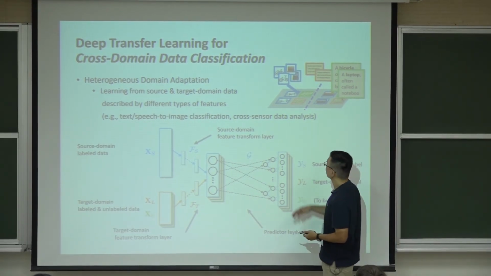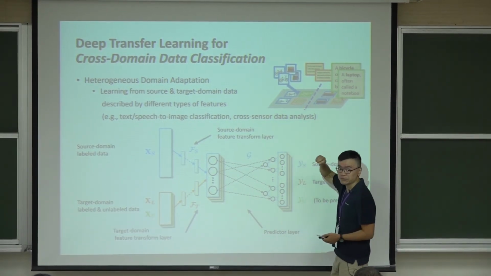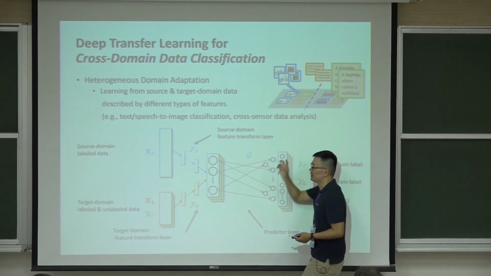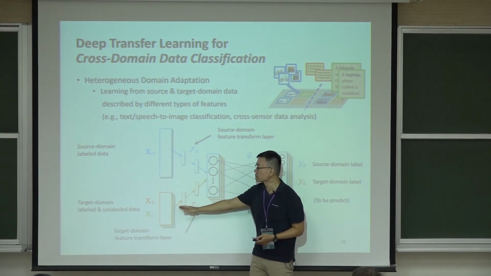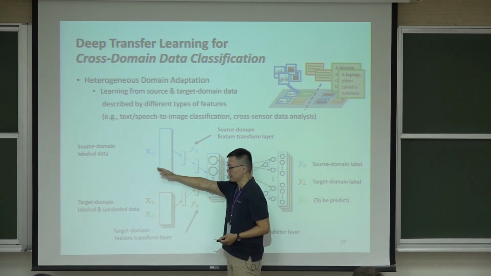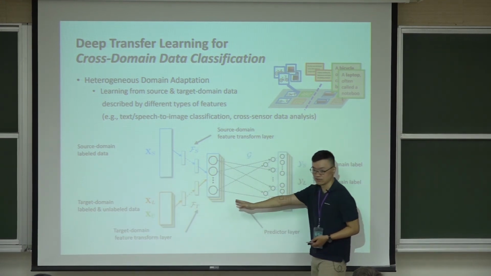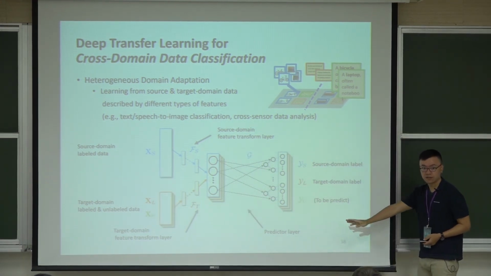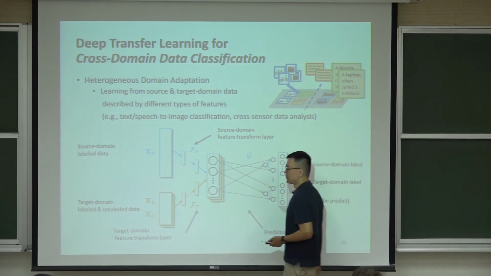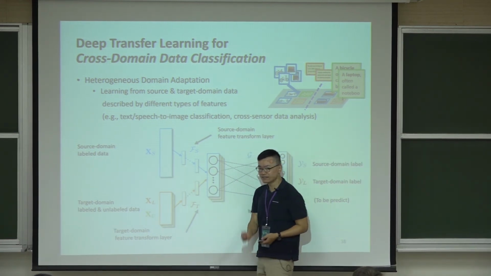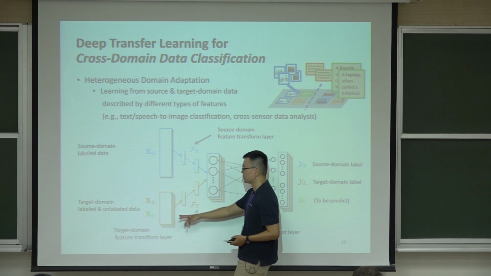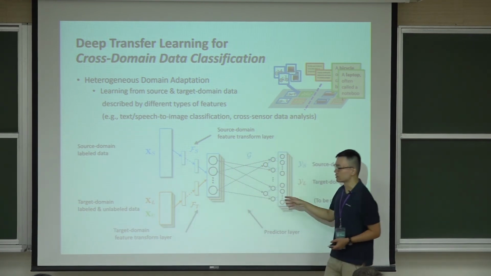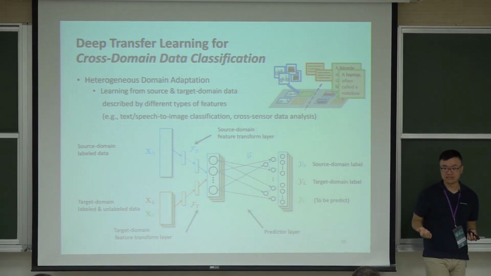We need to train the blue arrows and the orange arrows. That is the feature transformation. We need to transform the image data and the text data onto the same feature space. And with the label information from source and the small amount of label information from target, we want to train our classifier. So that is the idea.